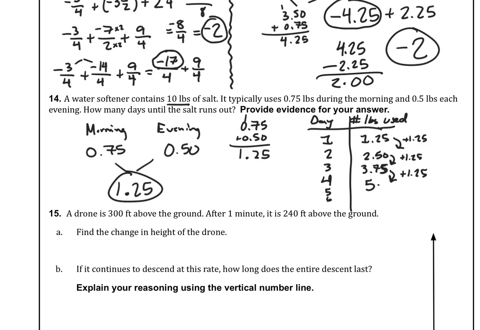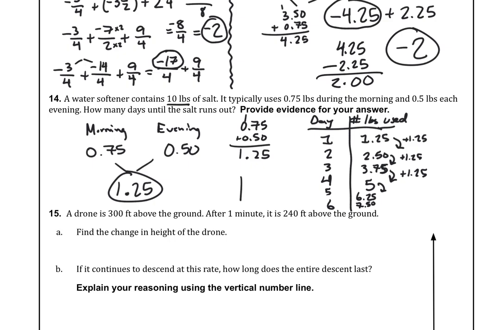Okay, see if we can fit this in here. All right, I'm going to add 1.25 and I get 6.25. Add another and I get 7.5. Add another. Let's erase this a little bit.